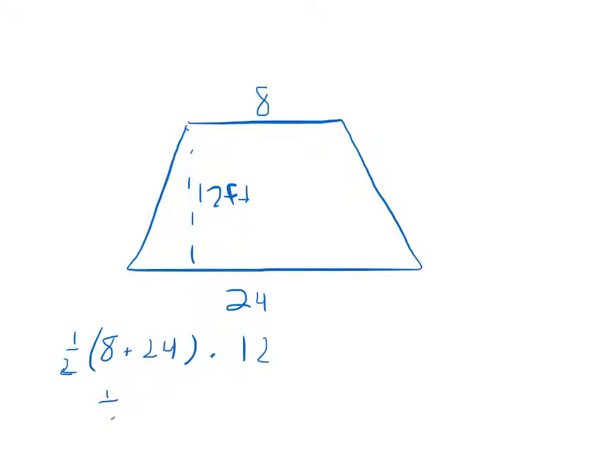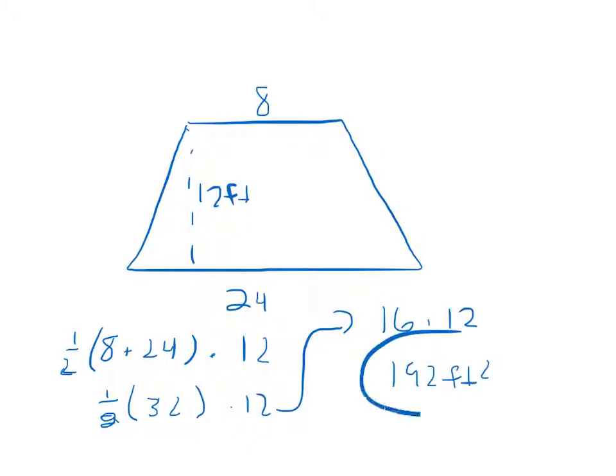So 8 plus 24 equals 32 times 12, so we'll continue up here. A half of 32 is going to be 16 times 12. And we can figure out 16 times 12 is 192. And we add our label here, square feet.